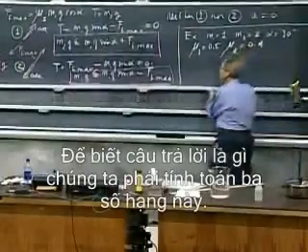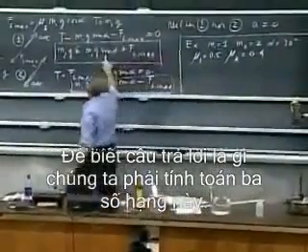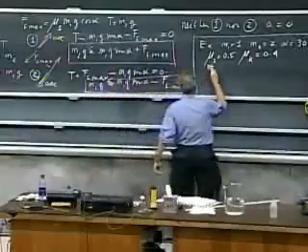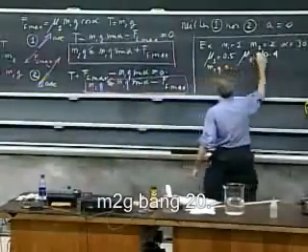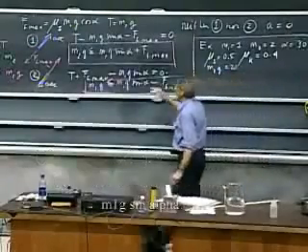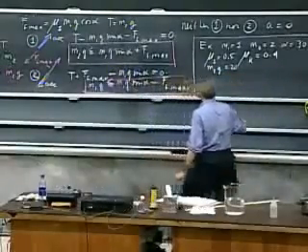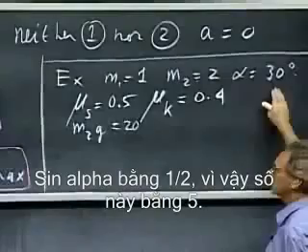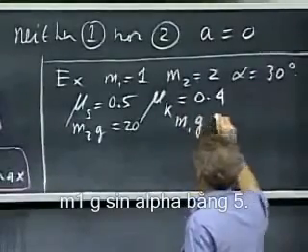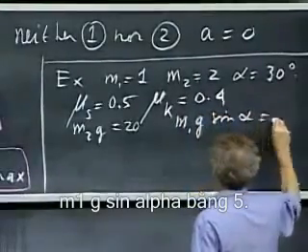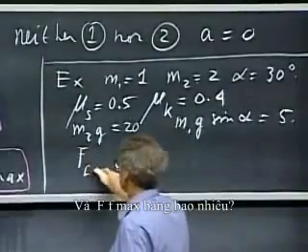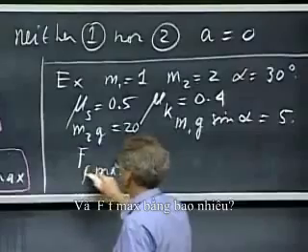What it comes down to is that we have to evaluate these three terms. Let's first take m2g. m2g equals 20. We'll just take for g 10, that is just easier. m1g sine alpha, the sine of alpha is a half, so that is 5. And what is f friction maximum?